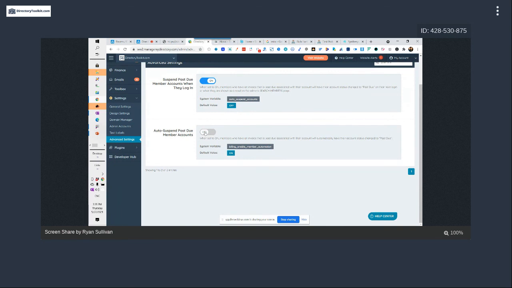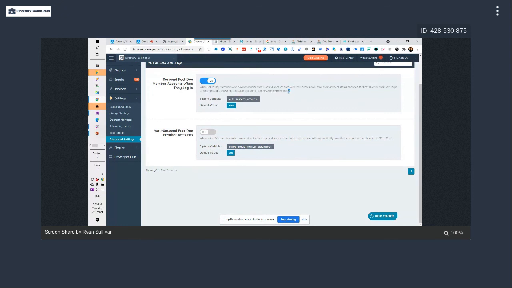So probably no harm or foul to do that if that's within your system. Just turn that on if you want to auto suspend. And then this other one is suspend past due when they log in. This is kind of the opposite, where they're grandfathered in as they get those other warnings or whatever until you manually do it.